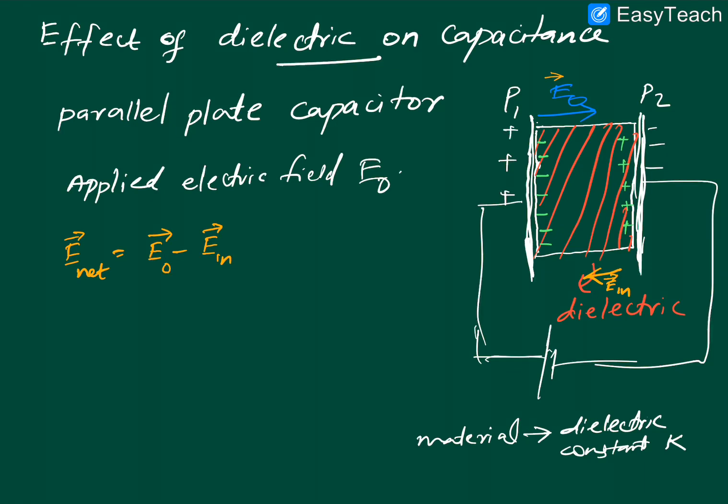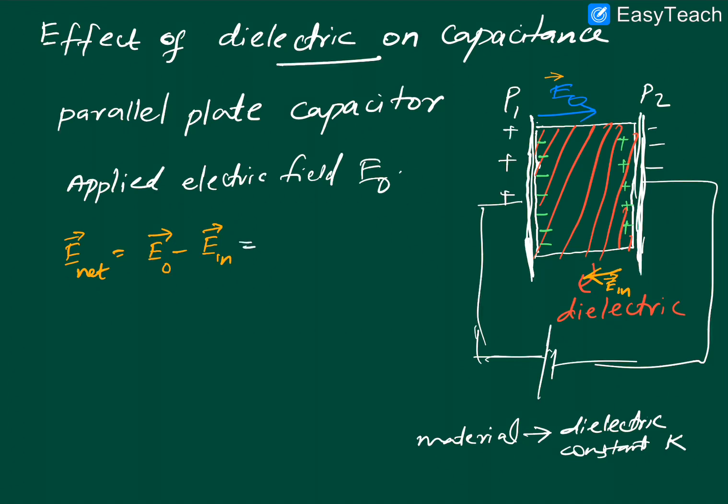So you can say that when you place a dielectric, the initially applied field reduces by some amount. Initially it is E0. Now when you place a dielectric, it will become E0 minus E induced. That means initially E0, now it is less than E0. How much will it reduce? It is by a factor of K, that is the dielectric constant.